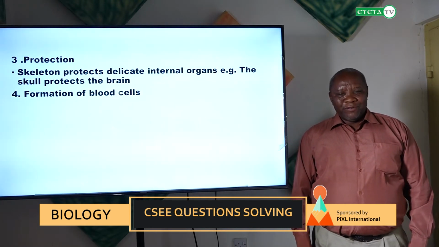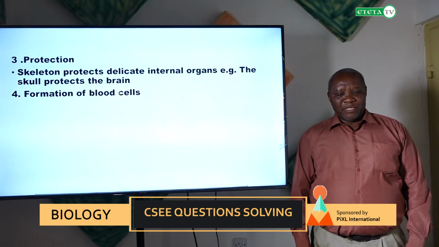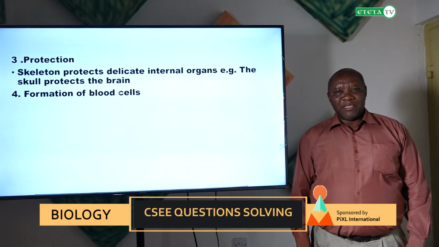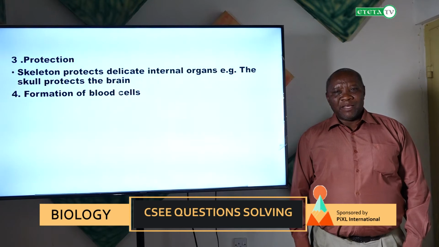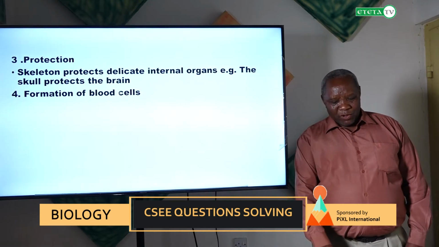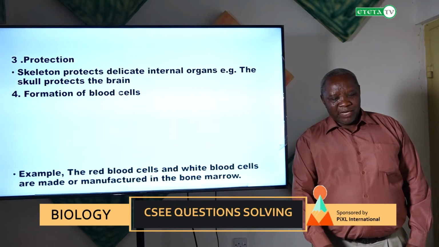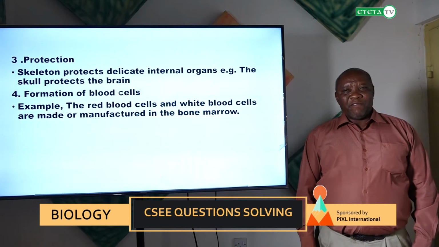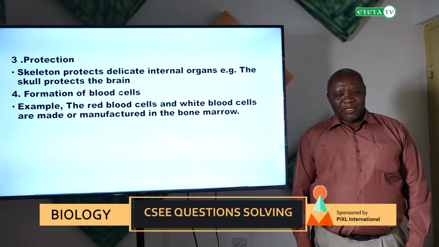Another function is the formation of blood cells. We know that within our body, blood cells are manufactured, and normally we have red blood cells and white blood cells. The red blood cells are manufactured in the bone marrow, and also the white blood cells are manufactured in the bone marrow.